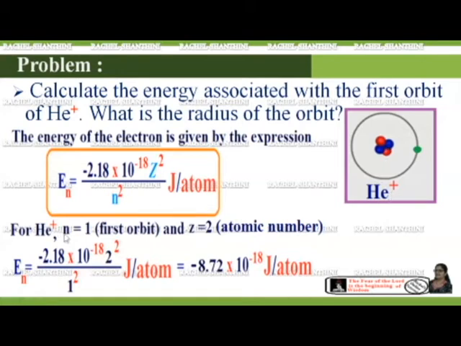Substituting these values of n equal to 1 and Z equal to 2 in the above equation, we get En is equal to minus 2.18 into 10 to the power of minus 18, 2 square upon 1 square, which gives the value minus 8.72 into 10 to the power of minus 18 joules per atom.